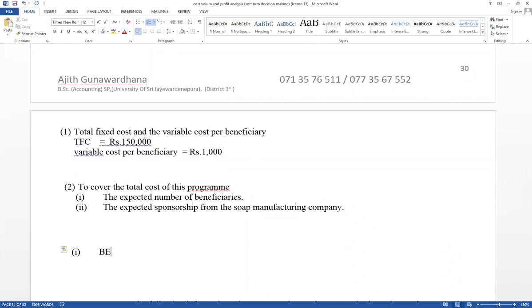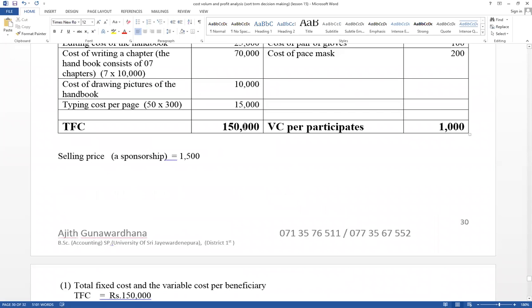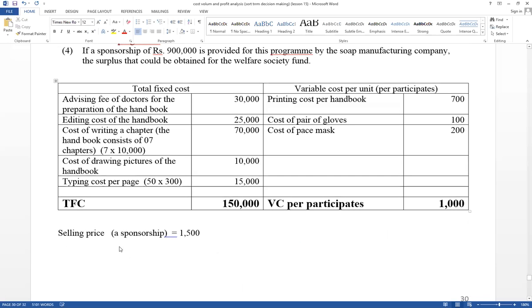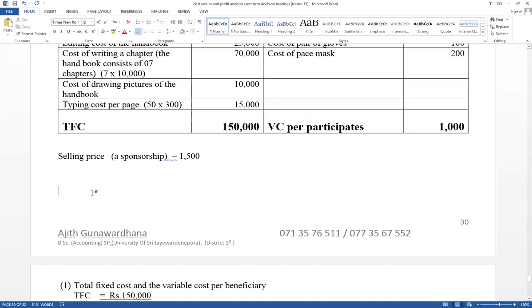Write the equation: BEP quantity equal total fixed cost divided by contribution per unit. Total fixed cost we know and contribution per unit should be calculated. This is the total fixed cost, this is selling price and this is variable cost. First one, calculate contribution per unit here.